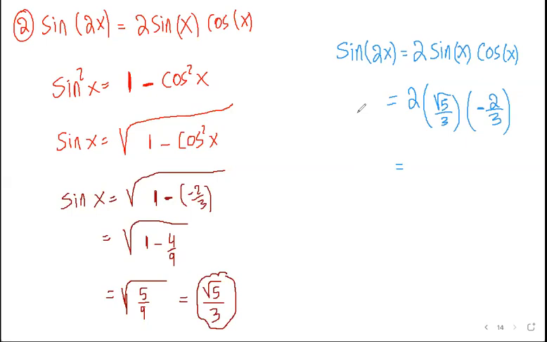So what do I get now? 2 times square root of 5 over 3 times minus 2 over 3 is equal to minus 4 square root of 5 over 9. And this is the answer.